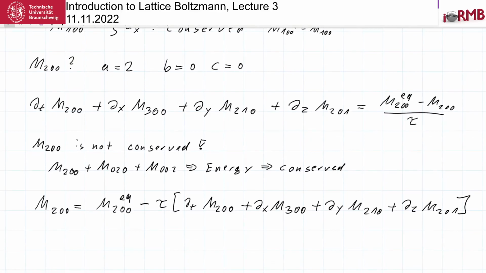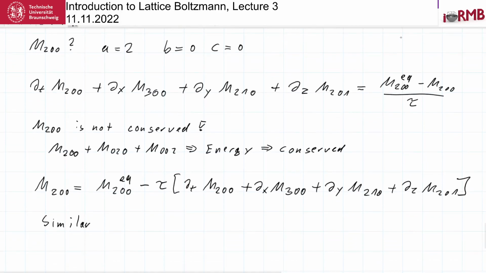Okay? Now everything here will be the same for the other moments. Because the calculation is exactly the same, I'm not going to repeat it here. We just get in a similar way M110 would then be M110 equilibrium.